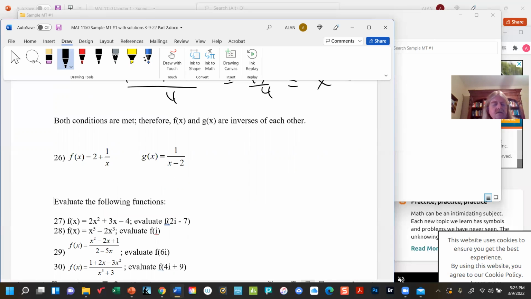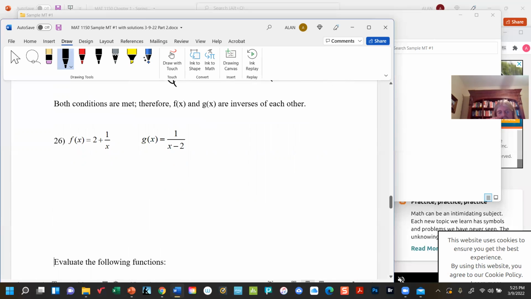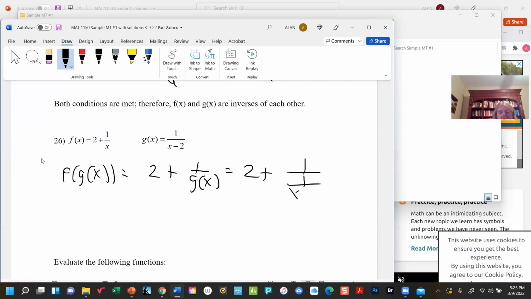F of g of x would therefore be 2 plus 1 over g of x, or 2 plus 1 over 1 over x minus 2, which is 2 plus x minus 2, which is x.